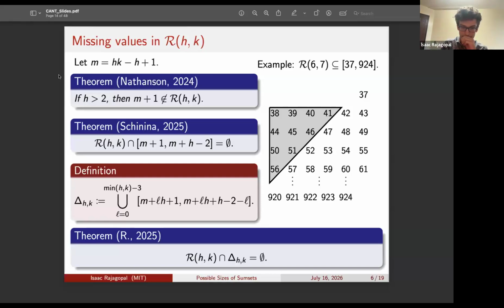I guess so. This triangle has the number of rows equal to the minimum of h and k minus 2. And when h is bigger than k, like k is h minus 1, then this triangle will become a trapezoid, missing the lowest vertex.